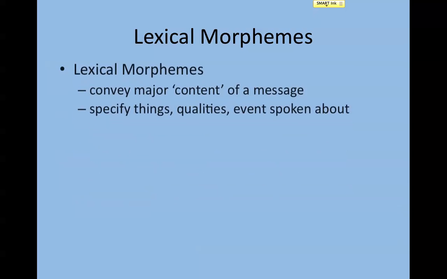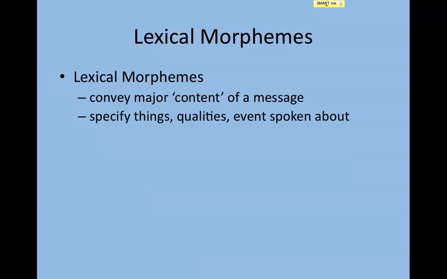All right, and now we have lexical morphemes. So not only do we distinguish between free and bound morphemes, but we distinguish between lexical and grammatical morphemes. I'm going to start with lexical morphemes, and they convey the content of a message. They specify the things, the qualities, the events that are being spoken about. So for example, big is a lexical morpheme because it describes the quality of what is being talked about.